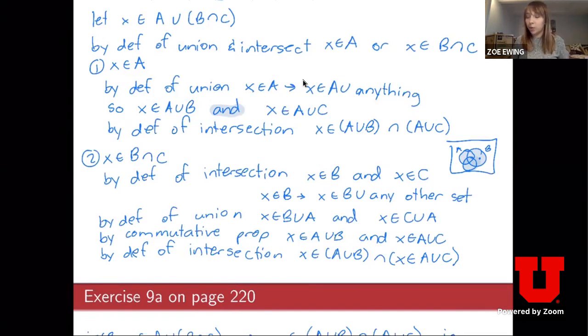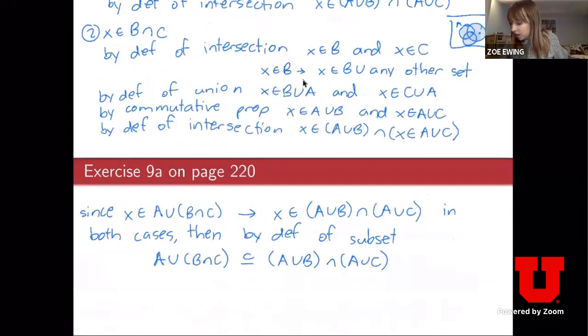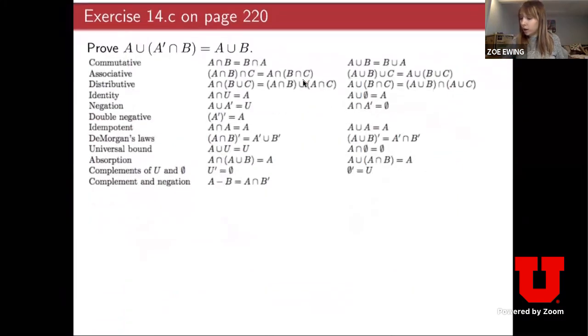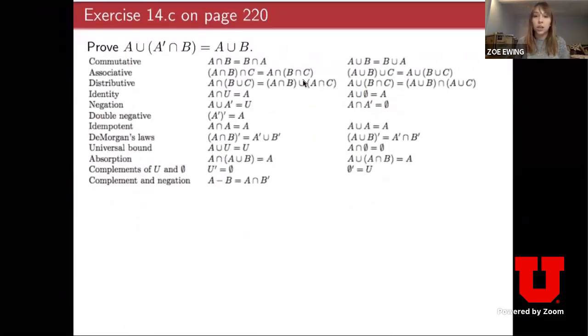All right, any other questions? All right, let's move on. We are trying to prove using all of these properties that A union with A complement intersect B is equivalent to A union B. So let's write the starting and ending point for this one again.